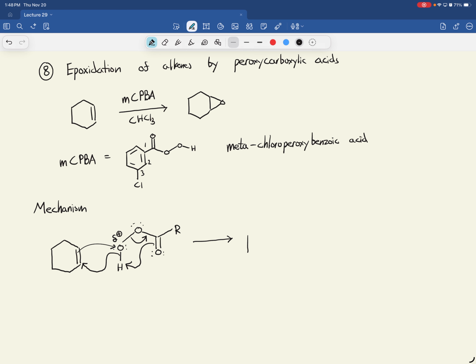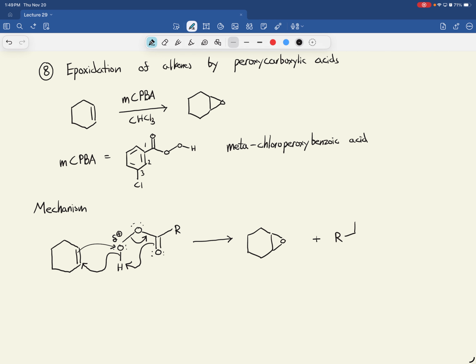So let's follow these arrows. What's happening to my oxygen that I labeled with positive charge? Where is it going? Yes, becoming part of the ring. Good. Now, the other oxygen, the one where the OO bond broke, is going to go to the acid. The acid is going to pick up an H from the other oxygen, and that's going to be my carboxylic acid group.